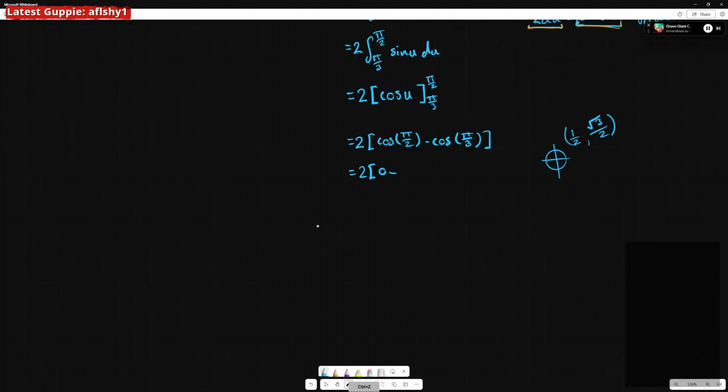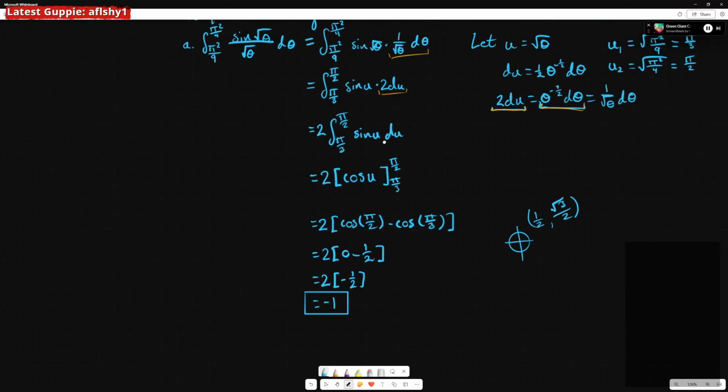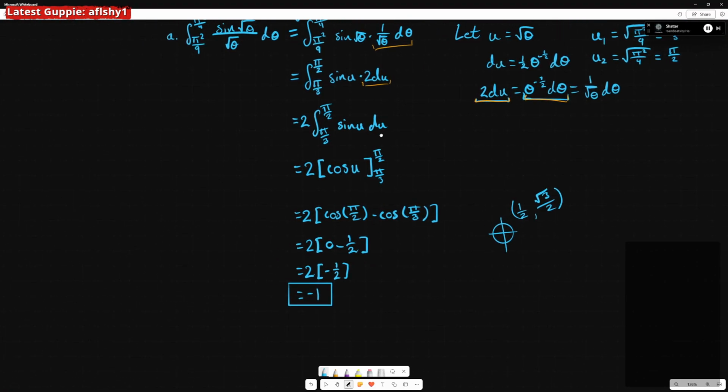So minus 1/2, which is equal to 2 times negative 1/2, which is just equal to negative 1. Cool. Got there.